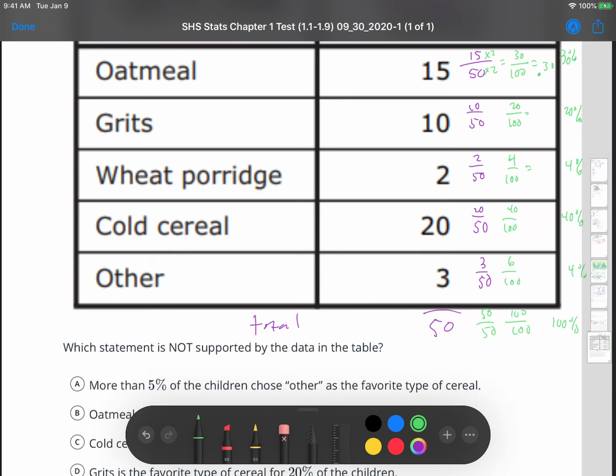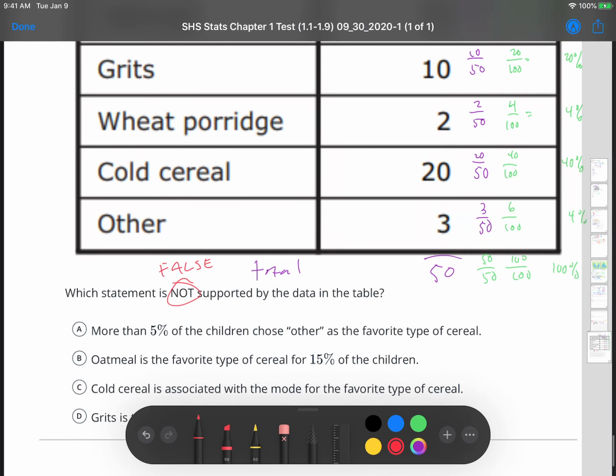So let's answer these questions. Which statement is not true? I like to think of not or no as false. Okay, let's go through each of the statements. More than 5% of children chose other as their favorite type of cereal. I got other, and that should say 6%. That is true, right? More than 5%.